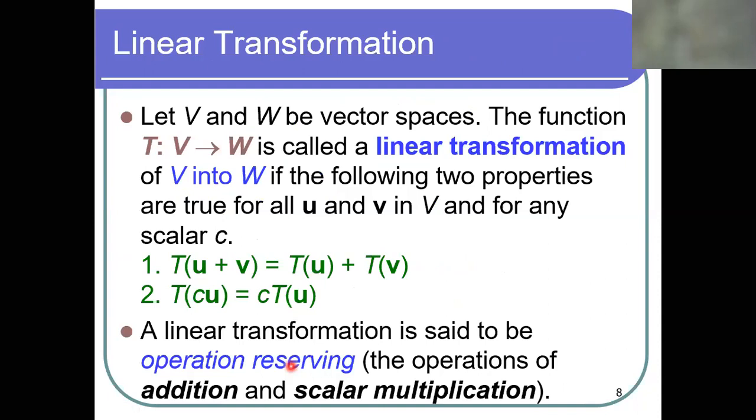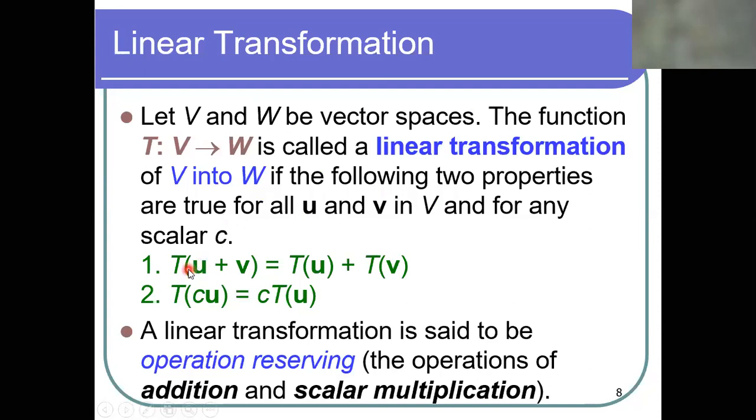So, linear transformation. Let us define some proper definition of linear transformation. Let V and W be two vector spaces. The function T from V to W is called a linear transformation of V into W if the following two conditions hold.